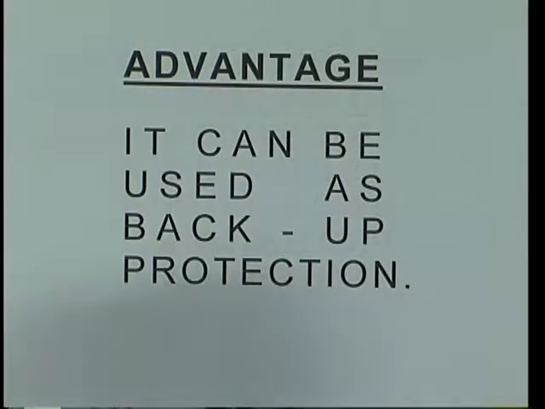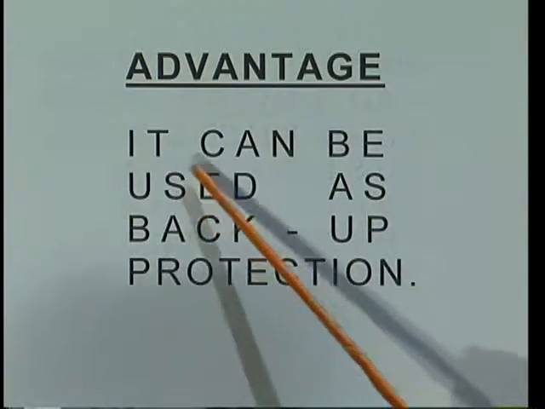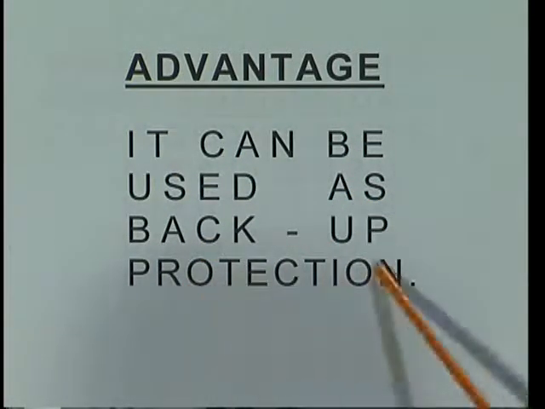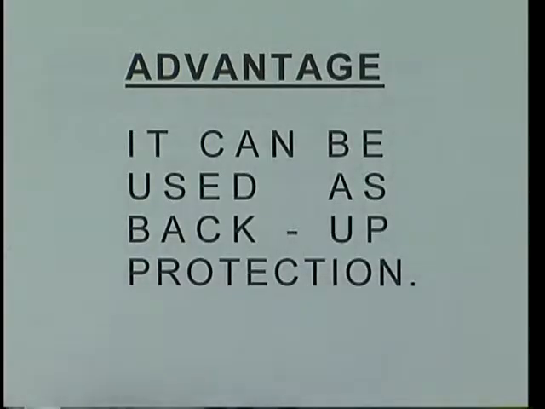The advantage of the rod gap arrestor is that it can be used as backup protection. We already know the types of protection. The first one is main protection or primary protection.